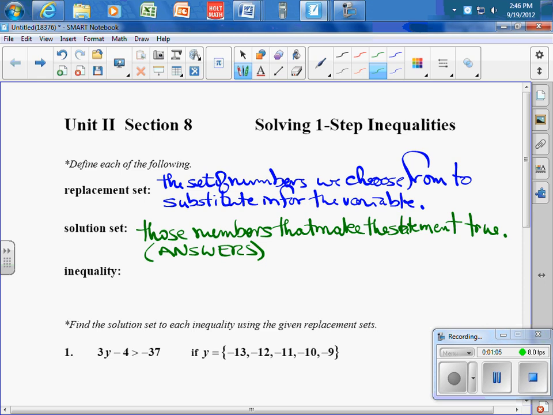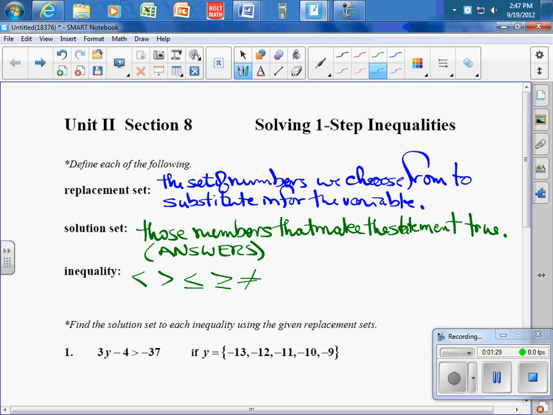Now, an inequality is a mathematical statement that contains either a less than sign, greater than, is less than or equal to, is greater than or equal to, or is not equal to. One of those inequality signs instead of an equal sign.